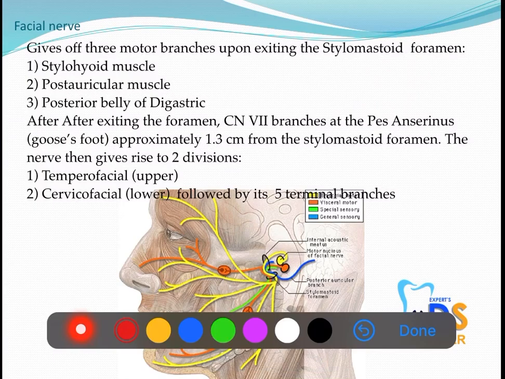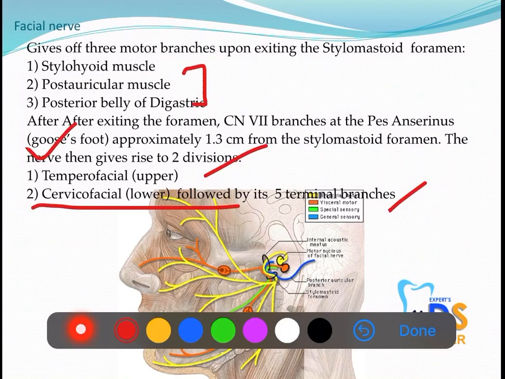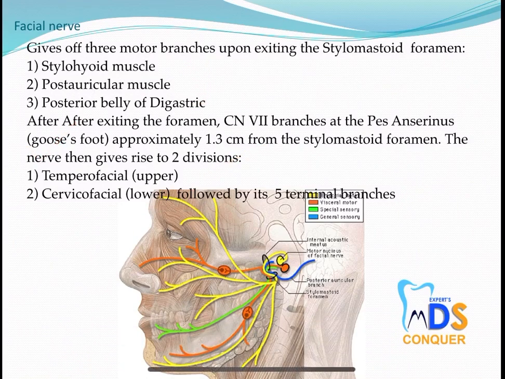Upon exiting at the stylomastoid foramen, it enters into the goose foot, it looks like a goose foot, and approximately 1 centimeter from the stylomastoid foramen it gives out its 2 divisions, and the cervicofacial division is followed by its 5 terminal branches. So you can briefly mention how the facial nerve innervates and leaves the parotid gland and gives its 5 branches. You can just mention that, that's enough.